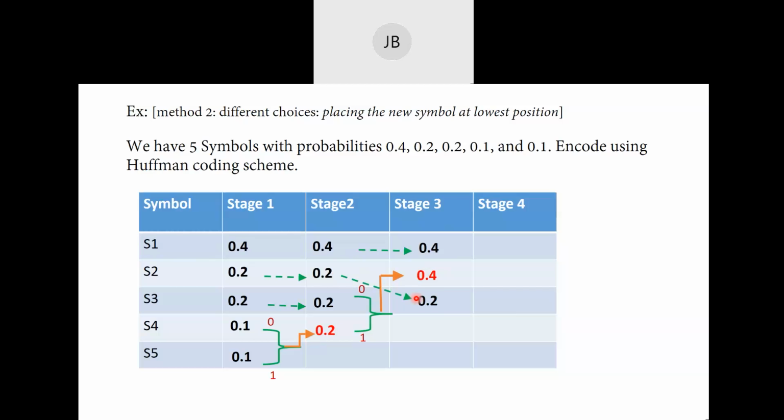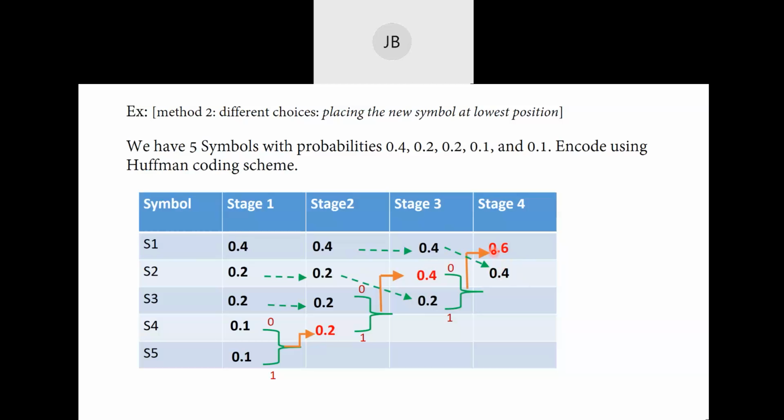Okay, and again we have to combine these two symbols and generate a new symbol. So that is 0 and 1, and the newly placed symbol 0.6, of course, will go to the top of the list because that is the highest probability value, and it will come to the bottom.